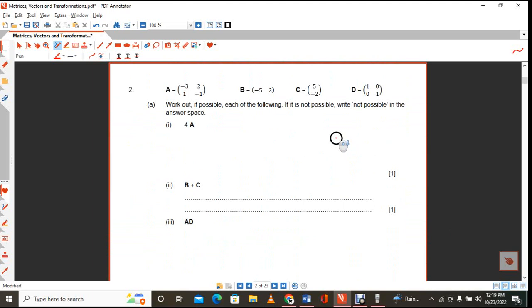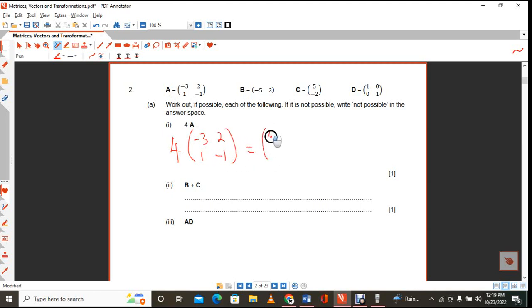So we get to question 2. You have got different matrices, and you're supposed to do some follow-up work on it. The first thing is you multiply the matrix A by the scalar quantity of 4. That simply means every element inside should be multiplied by 4.